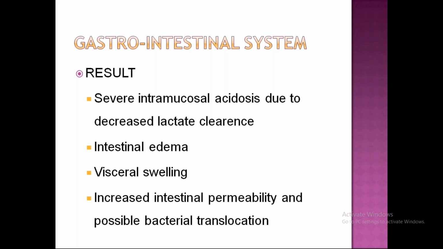Due to increased permeability, the colonic bacteria enter into the peritoneum, abdominal cavity, and they may translocate into stomach, small bowel, cause infection, which is called secondary bacterial peritonitis. Usually seen in ascites patients.